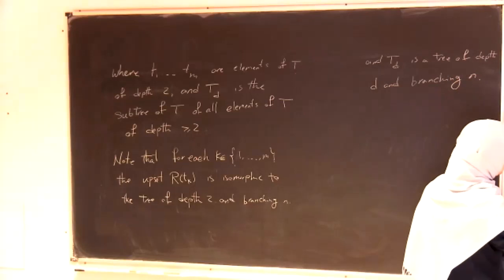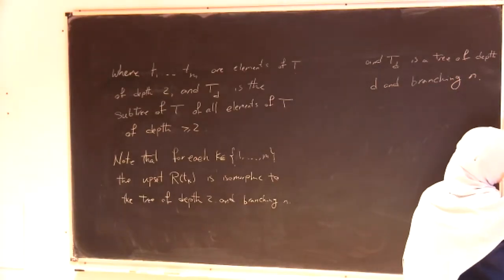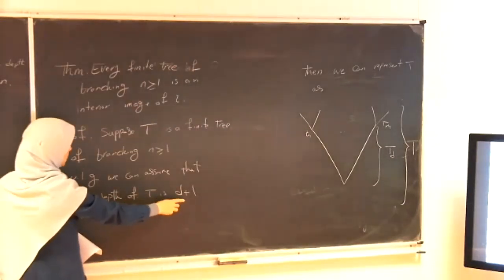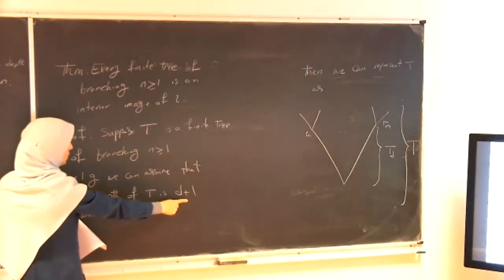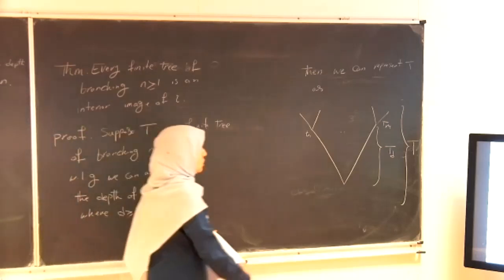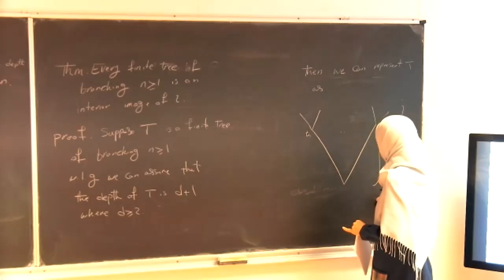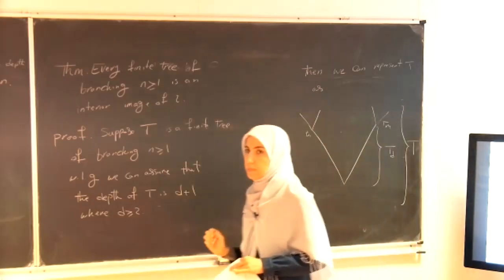We assume that d is equal to or bigger than 2 and T has a depth of d plus 1. So each of them is of depth 2 and this part is of depth d.